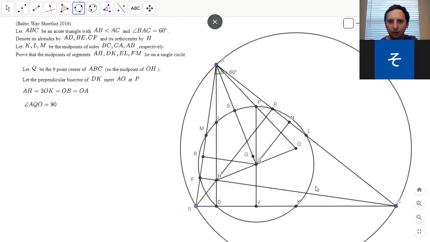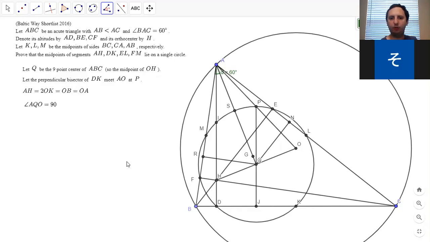So check this. Okay, that's not a right angle. So if we want to show that that's cyclic, so we could try to show angle RPJ is, I want to show PRJN is cyclic.